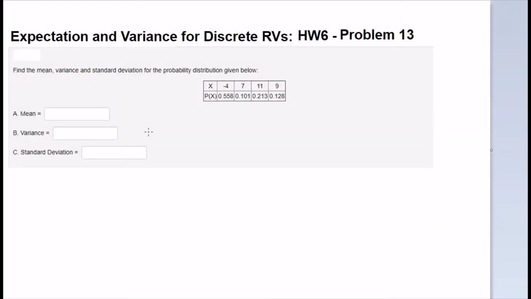Problem number 13. Find the mean, variance, and standard deviation for the probability distribution given below. So the mean or expectation by definition will be the sum of x times p. So it's going to be negative 4 times 0.558 plus 7 times 0.101 plus 11 times 0.213 plus 9 times 0.128.